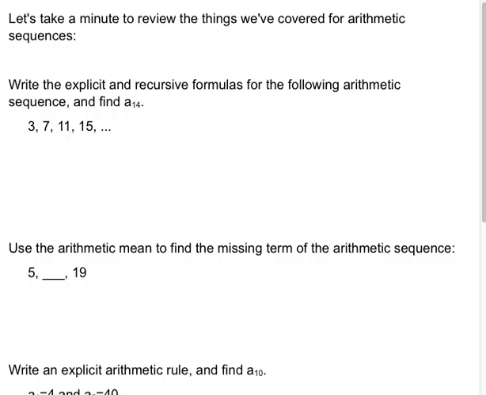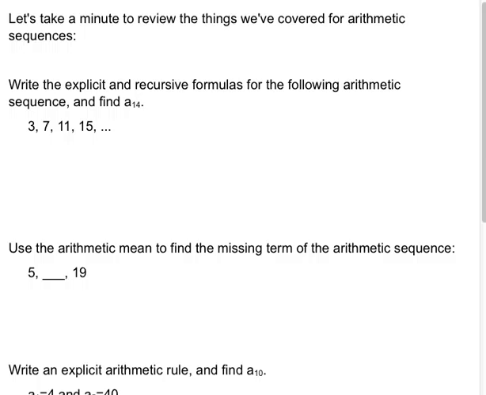So we've done a lot of things with arithmetic sequences and series. I do want to take a moment here to go back and refresh our memories on everything we've done so far. Okay, there's been a lot of good stuff we've worked on, and I want to make sure that we're keeping all of it straight and remembering how to do each of those things. So let's go all the way back and remember explicit and recursive formulas.